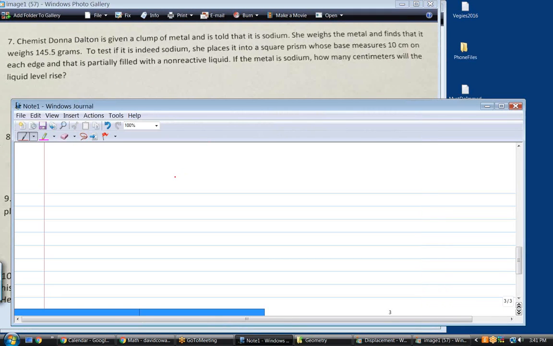Well, we might as well just start every single problem out with weight equals volume times density, because they're going to give us two of the three.